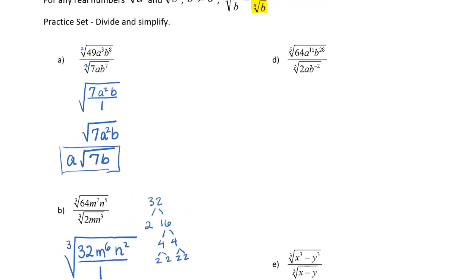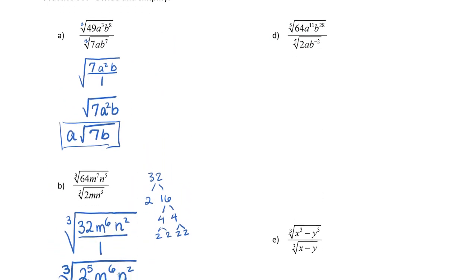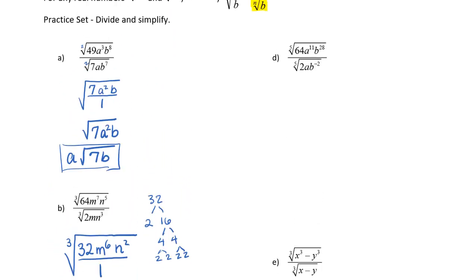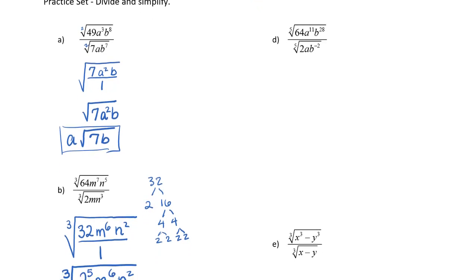Let's look at part D. We have the 5th root of 64a to the 11th, b to the 28th, all over the 5th root of 2ab to the negative 2. Let's rewrite this as the 5th root with a fraction inside.